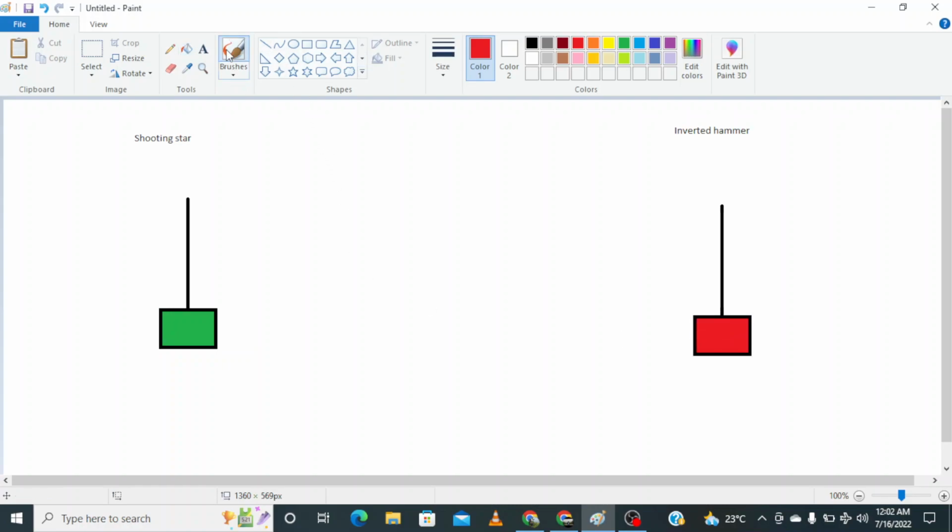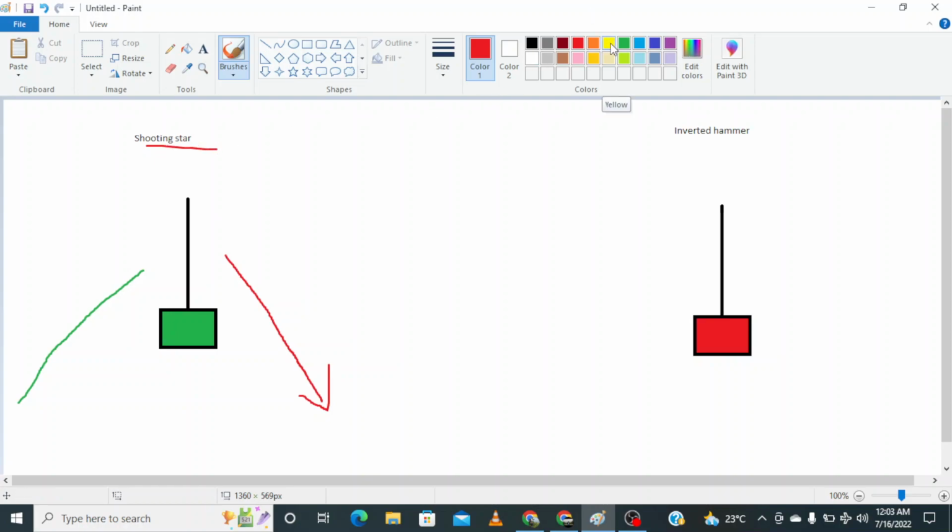Fair enough. Now, if it is formed at the top, let's say the market is rising, we should do rising with green, I suppose. The market is rising and this type of candle is formed, then the chances of a reversal are high, and this is called a shooting star.